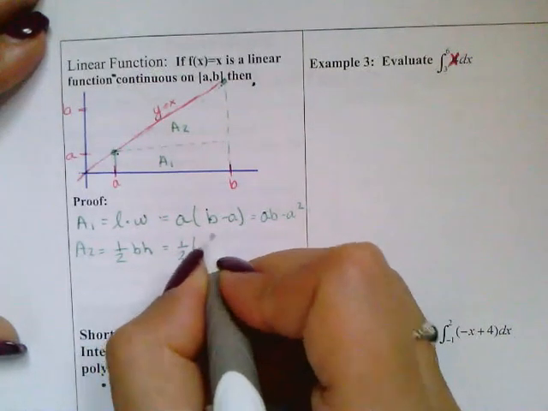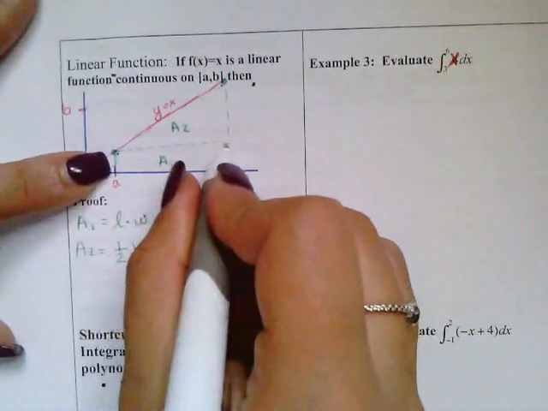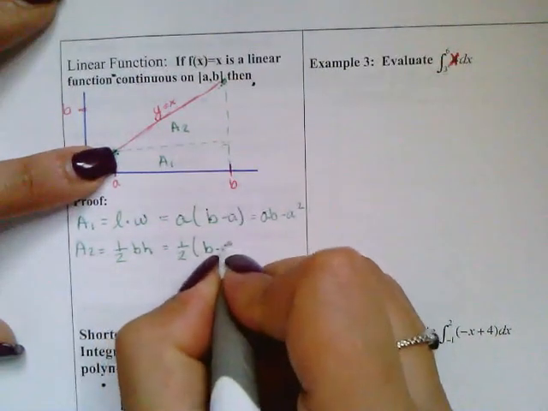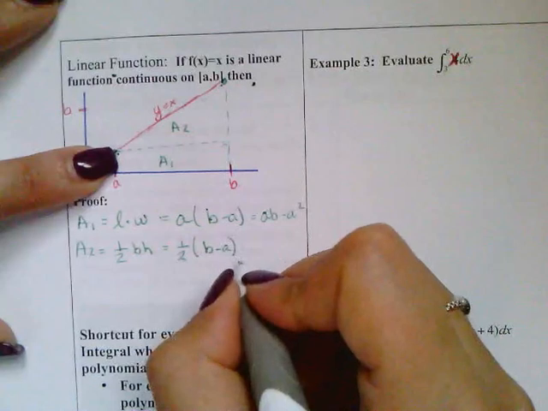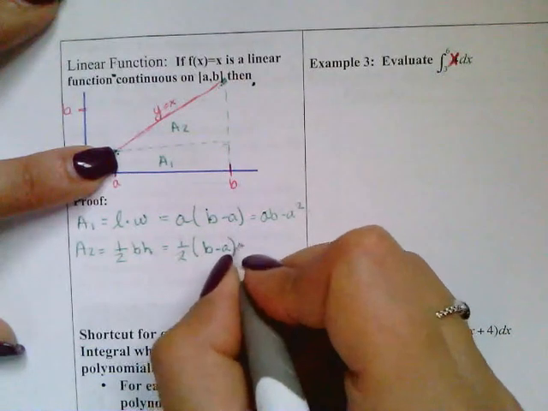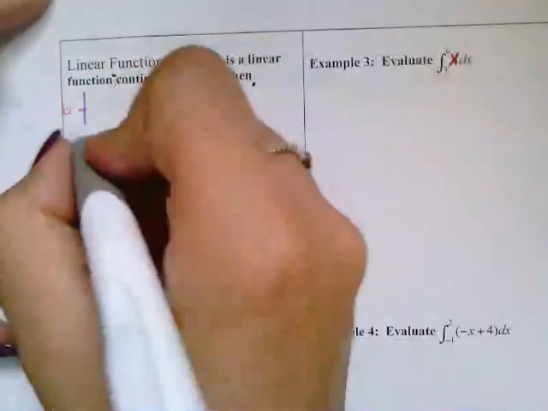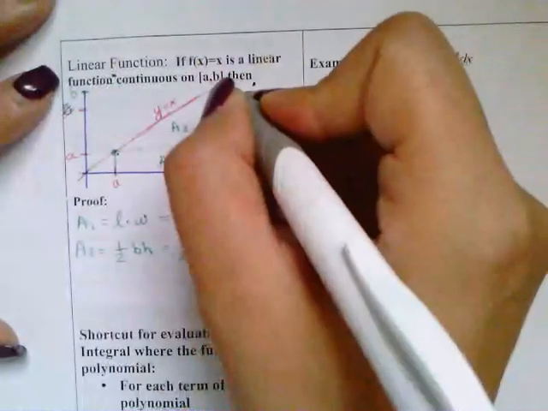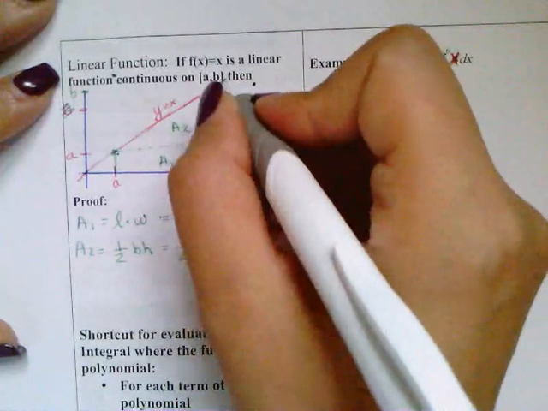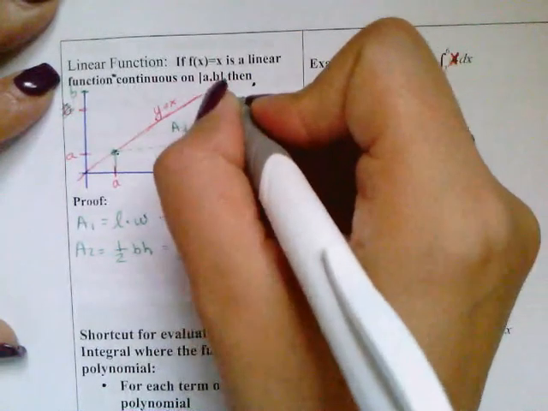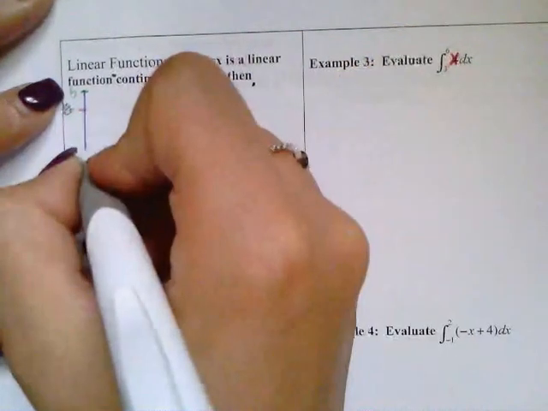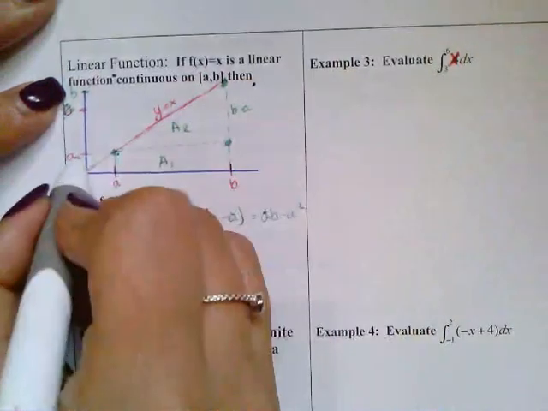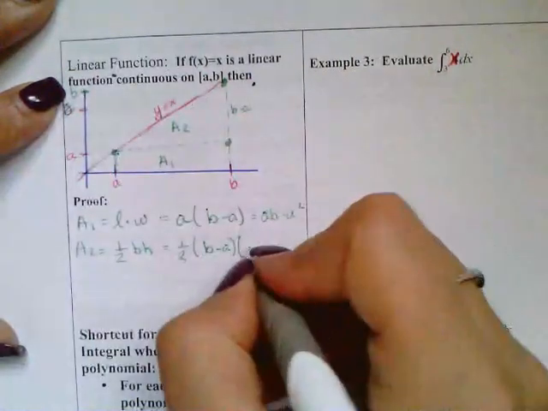Our base is still B minus A. And now our height, oops, I should have put my B a little bit higher over here. So my height is also B minus A. Okay, so here's A and here's B.